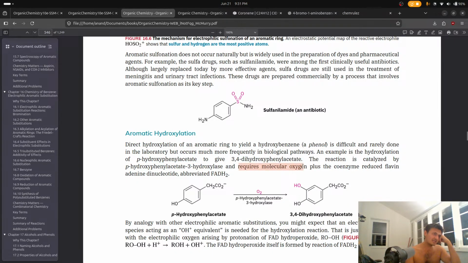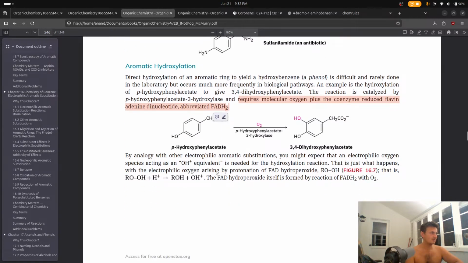And requires molecular oxygen plus the coenzyme reduced flavin. Oh, FADH2. By analogy with other electrophilic aromatic substitutions, you might expect that an electrophilic oxygen species acting as the OH+ equivalent is needed for the hydroxylation reaction.